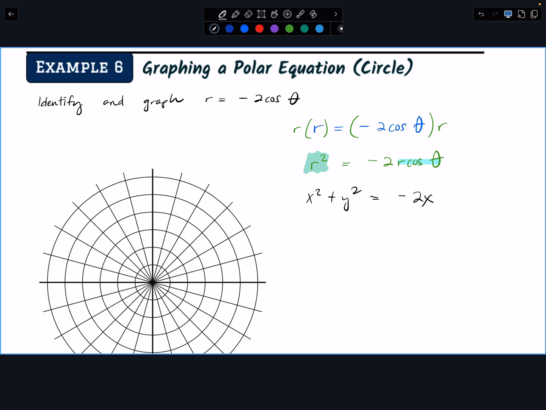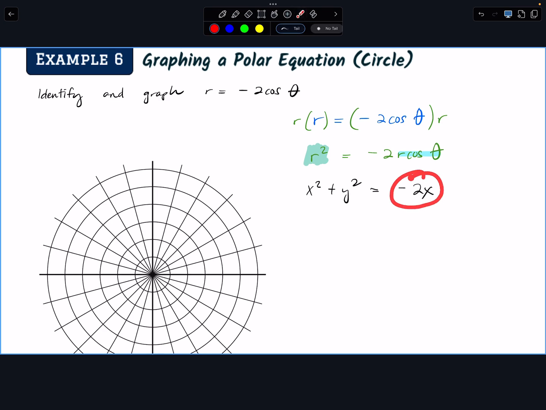Now, same idea, I'm going to complete the square, so I need to move this term to this side. So I'm going to get x squared plus 2x, and I'm going to leave some space, plus y squared. See how there's no other y term, guys? It's just y squared. I don't need to leave space then, because there's nothing to complete the square on for the y. And if I move the 2x to the other side, that means I have a 0 over here.